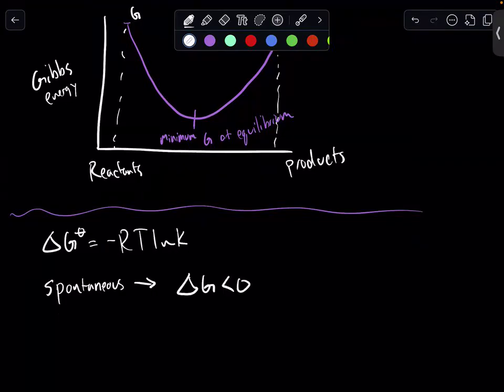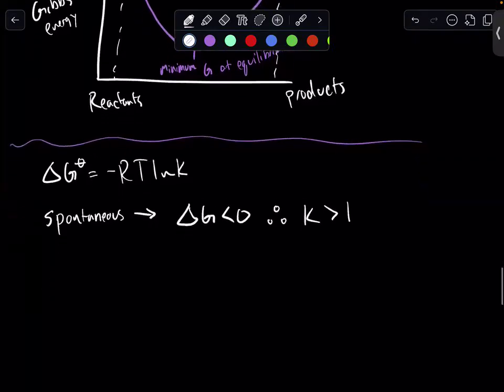Spontaneous also infers that the reaction is progressing forward. Therefore, delta G less than 0 relates to a K that is greater than 1. A reaction that is spontaneous will progress forward naturally on its own, and therefore will have more products than reactants, creating an equilibrium constant value greater than 1.